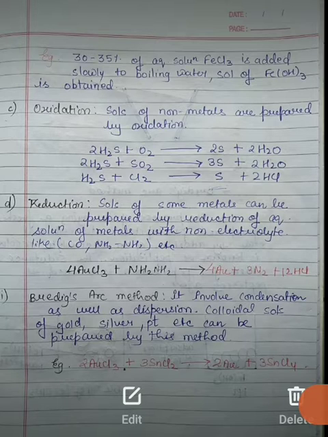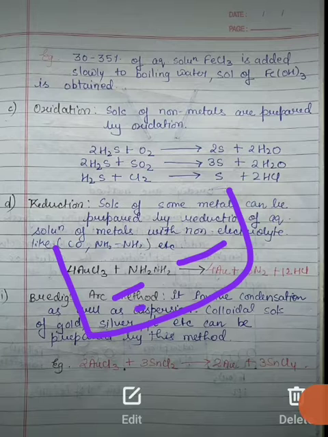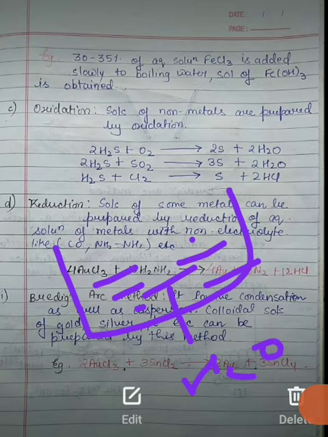Suppose we have taken an aqueous solution of FeCl3, about 30% solution, and it is added slowly to boiling hot water. Suppose there is boiling water in a beaker, and we just add the FeCl3 solution into it.